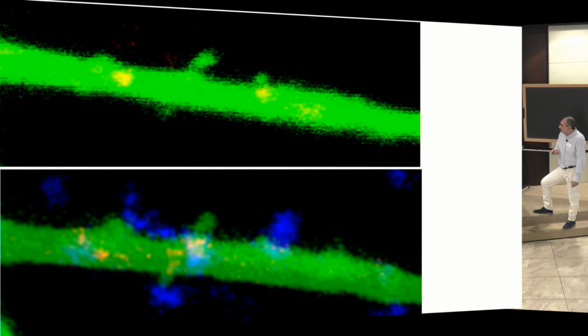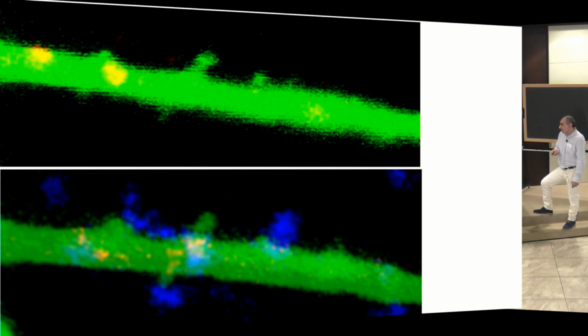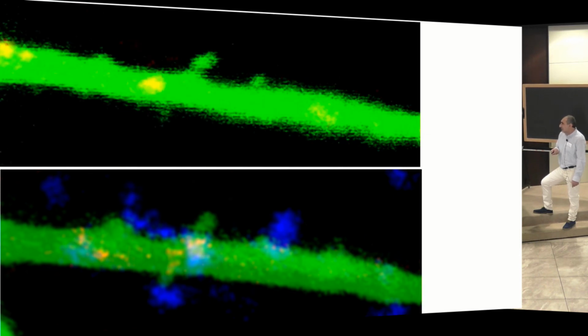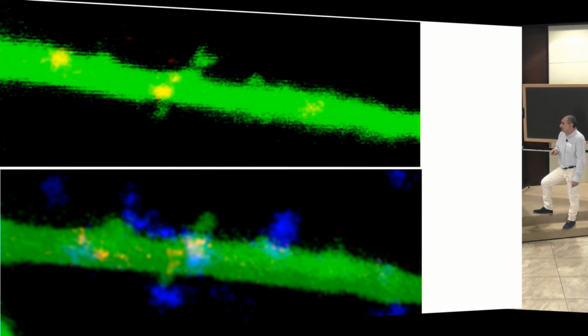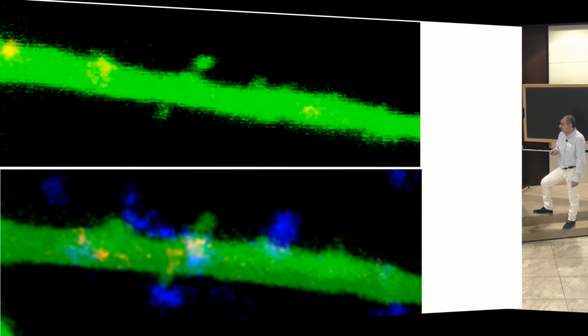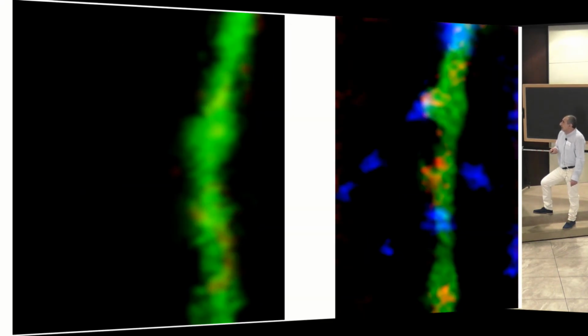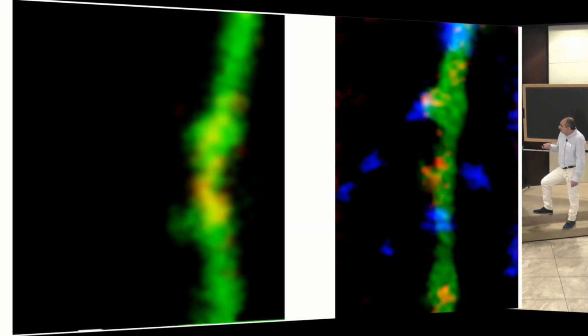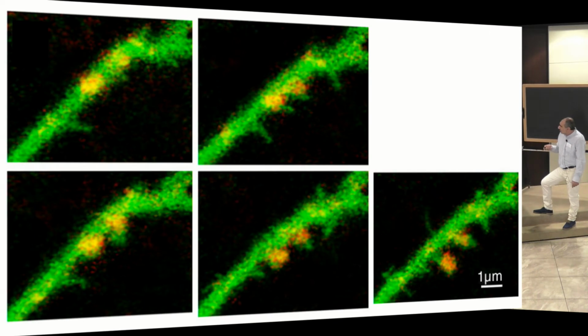So first of all, you can see ORI is very mobile, at least in young cultures, and it is highly associated with this spine appearance. Here we have tried to stimulate, not only to see spontaneous spine appearance, but to apply glutamate.